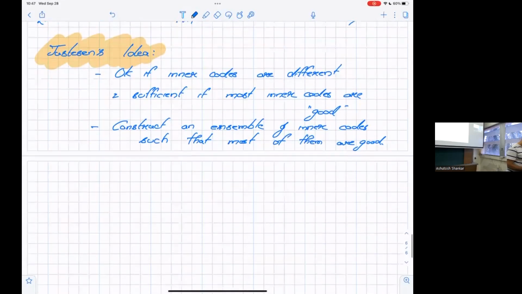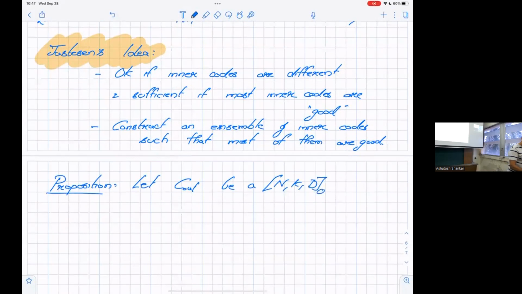So the first proposition I want to say: let C out be an NKD Q code as before. None of this needs to be linear.